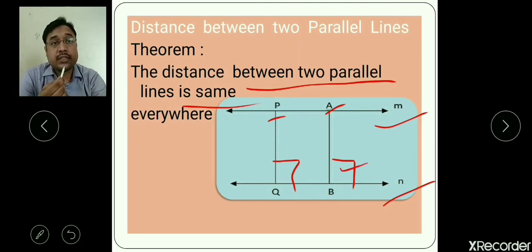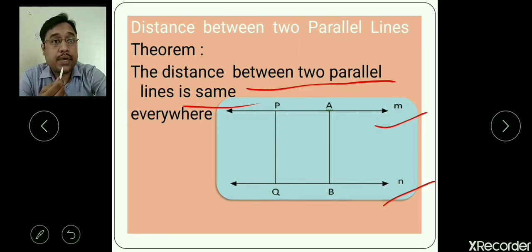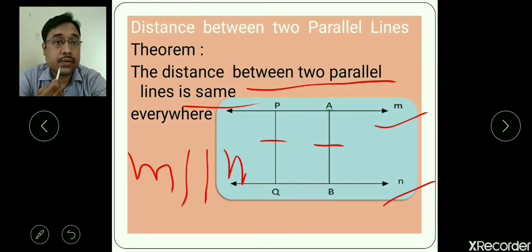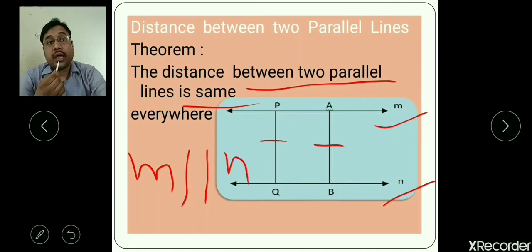So we know that the perpendicular lines between the two lines show the distance. They show the shortest distance, the exact distance between the two lines. So here we can say that these two lines PQ and AB are showing the distance between them. But when you measure these two lines PQ and AB, their measurement will be exactly the same, because here M and N are parallel lines.